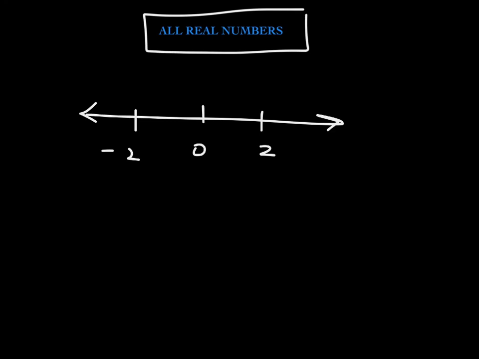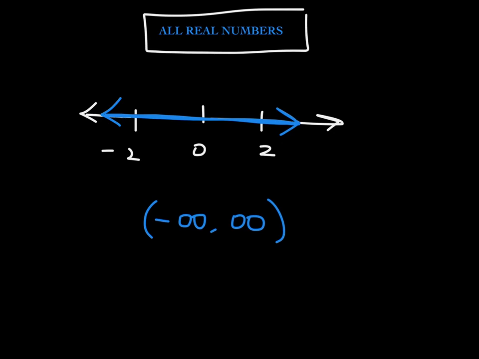All real numbers just means that you show a solution set going indefinitely in both directions like that. This is how you show all real numbers. In interval notation, it'll be from -infinity to positive infinity. Don't forget, both positive and negative infinity are closed out with parentheses.